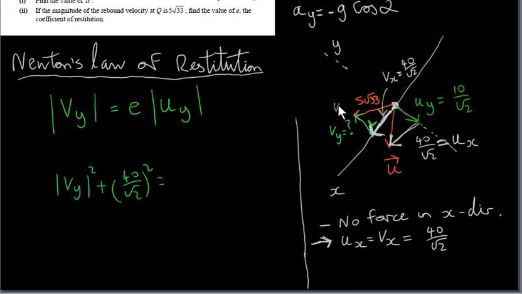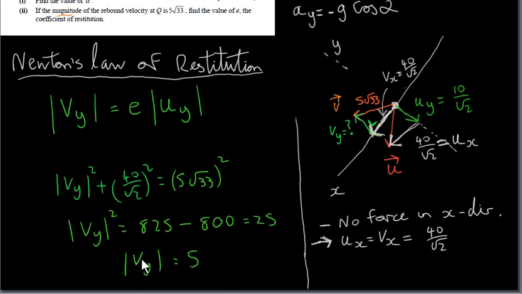Remember, this is vector V, and its magnitude is 5 root 33. That's what we were given. So this is just Pythagoras' theorem applied to this right angle triangle here. The missing side is the magnitude of Vy. Conveniently, the magnitude of Vy is 5.